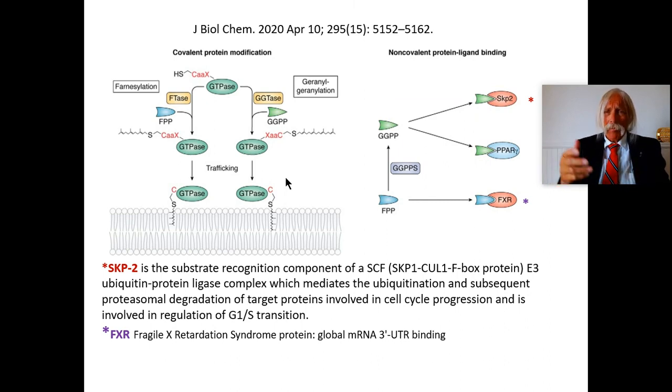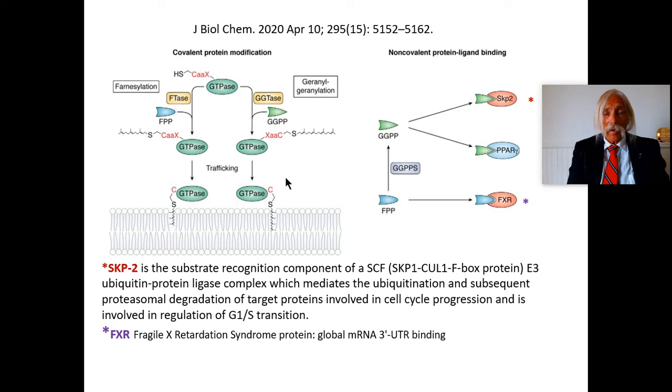So this is going to be involved in protein degradation. Okay? So it's a really important protein. And it needs to have this non-covalent geranylgeranyl for it to be activated appropriately. Okay? And what that protein does, when it has that GG group, non-covalent association here, not like on the left, is mediate the ubiquitination and subsequent proteasomal degradation of target proteins involved in cell cycle progression.